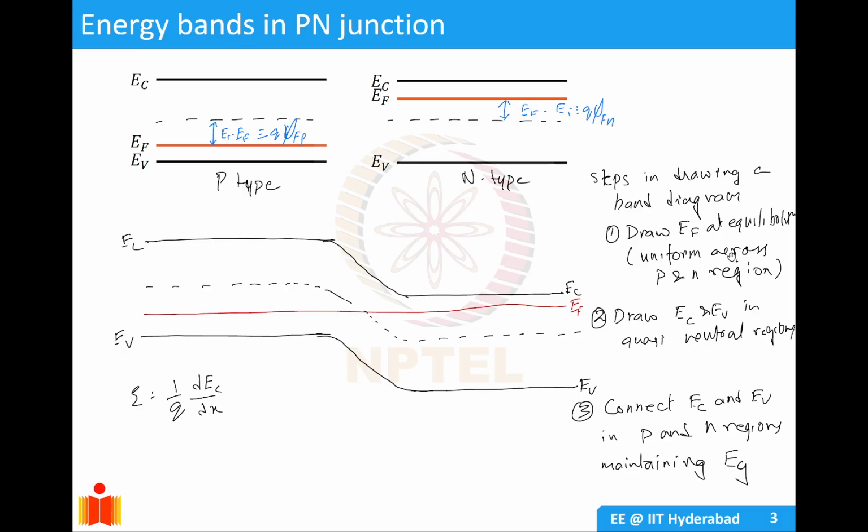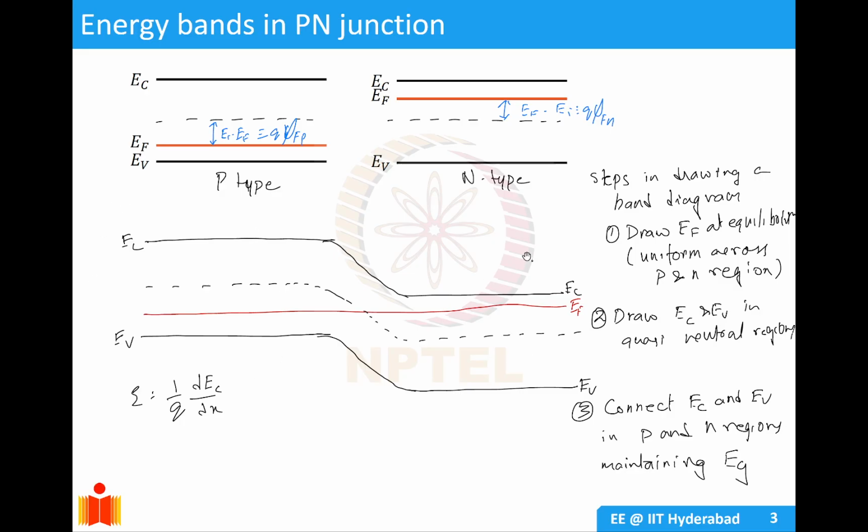So the steps for drawing a band diagram: first you draw the Fermi level at equilibrium, because the Fermi level is constant. Then you draw your EC and EV in the quasi-neutral regions. Quasi-neutral regions are the regions that are far from the junction, from the depletion region.